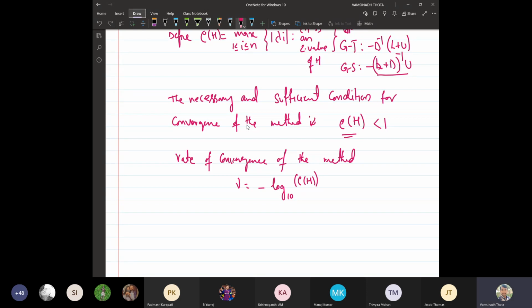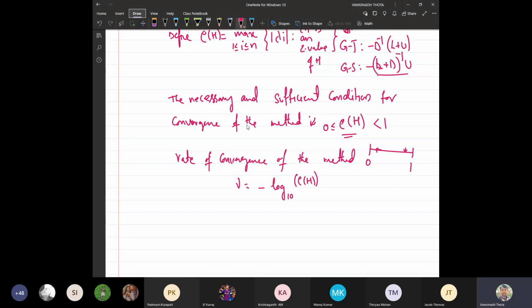Obviously the spectral radius is the maximum of non-negative values, so 0 is less than or equal to the spectral radius of the iteration matrix, which is strictly less than 1. If the spectral radius is close to 1, then the rate of convergence is low, whereas if the spectral radius is close to 0, then the rate of convergence is high.